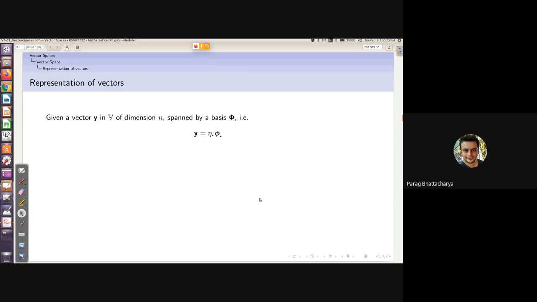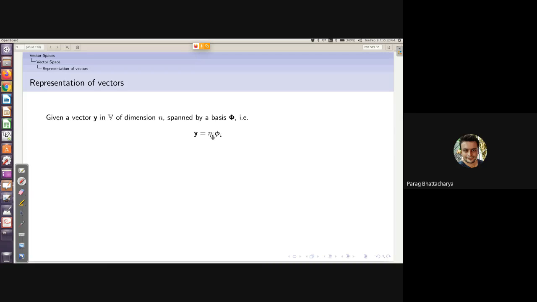Okay, so now representation of vectors. Given a vector, suppose I have a vector space V, and in this vector space V we have a vector y, and this vector space is of dimension n. It is spanned by a certain basis, the basis is phi. Then we can write this y in terms of the basis. This we already know. Remember the Einstein summation convention.